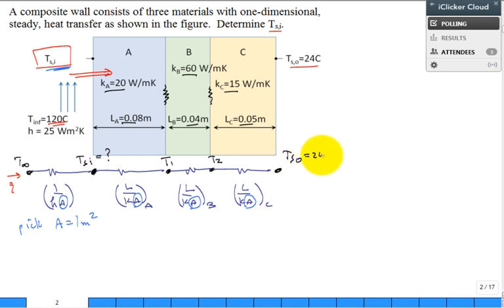This is 24 degrees C. You know T infinity, that's 120 degrees C. Do you know enough information to calculate each of these resistors now that we picked area to be 1 meter squared? Do you know the H? Yeah. Do you know the L and the K and the L and the K and the L and the K for each of those materials? Yeah. Do you see the recommended strategy then?